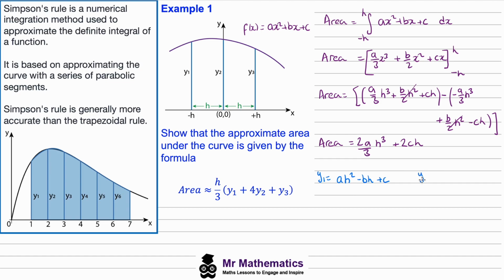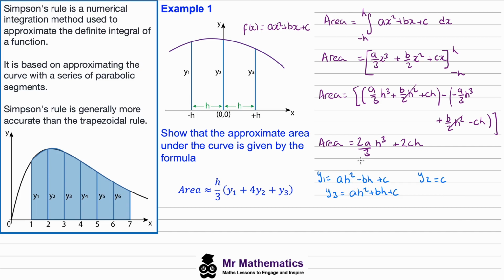And then for y2, well, y2 is centered on 0, so the ax squared will cancel and the bx will cancel, and this will be equal to c. And y3, well, h is now positive, so we get a times h squared plus bh plus c. So ah squared plus bh plus c.